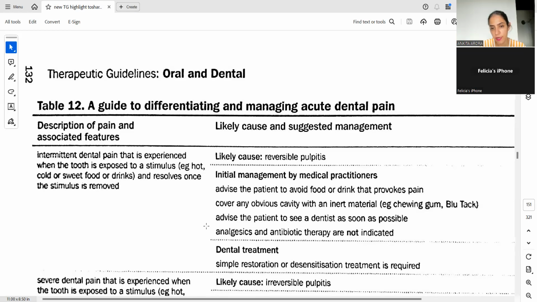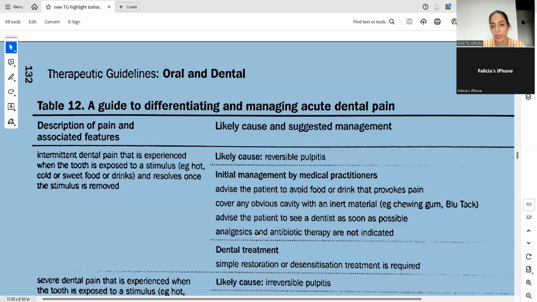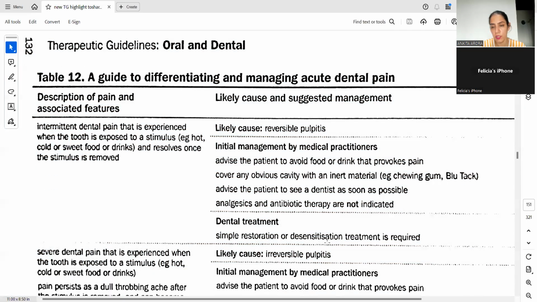So clearly here they have written it is not indicated for reversible pulpitis treatment. Dental treatment: simple restoration or desensitization treatment is needed.